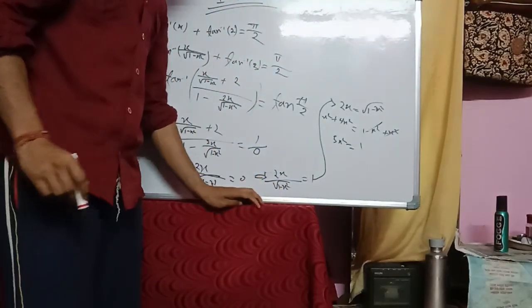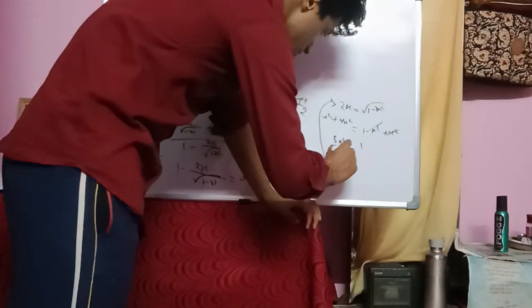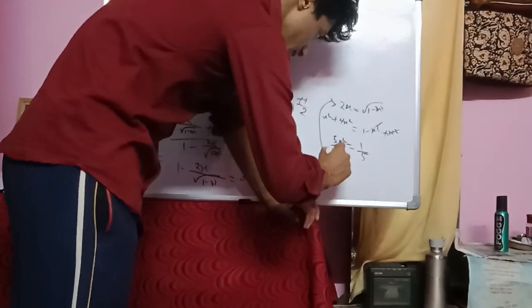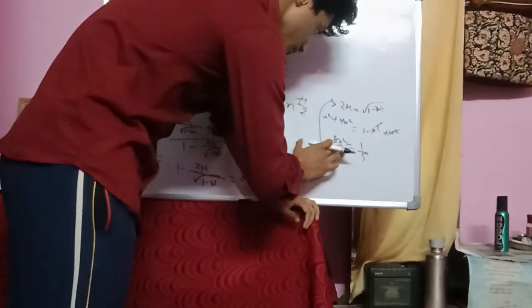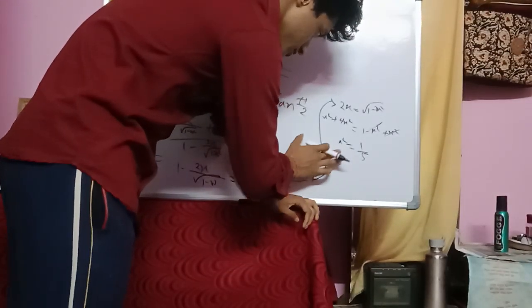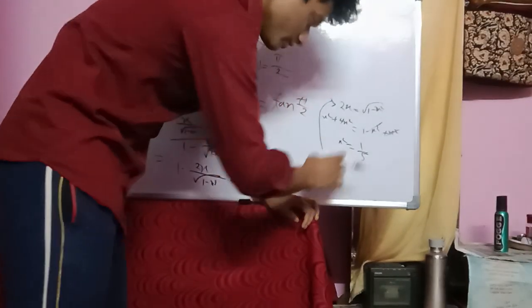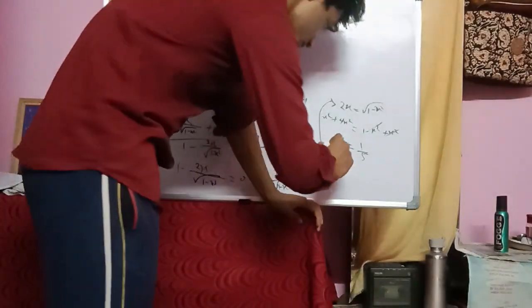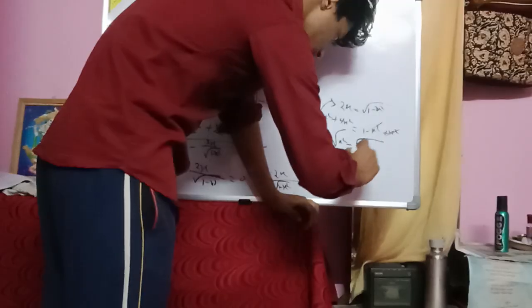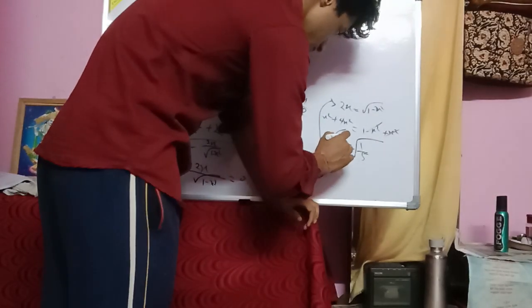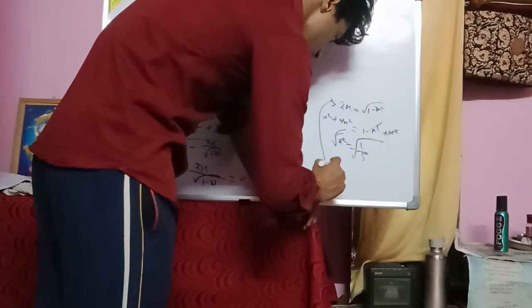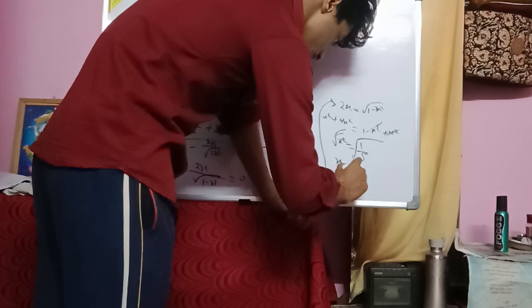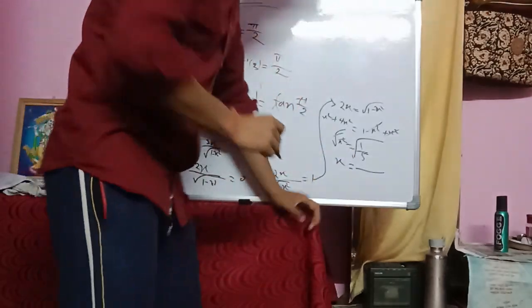Now we can divide both sides by 5. The 5s cancel out each other, and we will be left with just x square on the left side of the equation, and on the right side we have 1 over 5. Now we can take the square root of both sides. The root and the square cancel each other, leaving just x, and on the right side we would have root over 1 over 5.